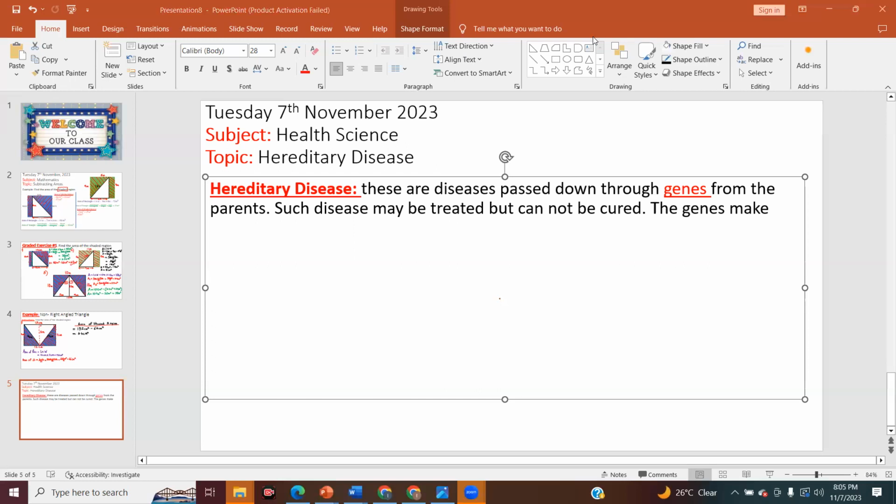So maybe by seeing a picture, you could basically understand what's happening, to see the difference.